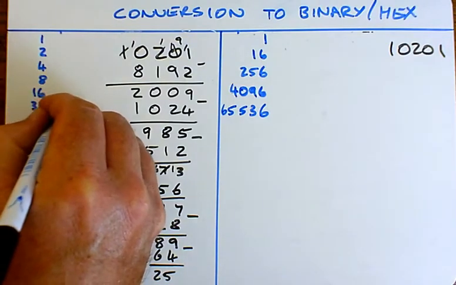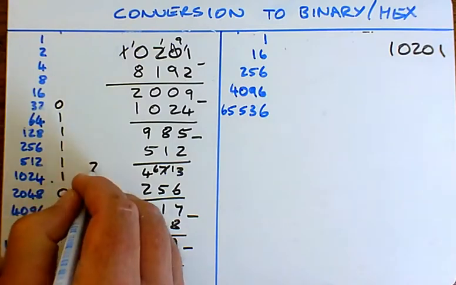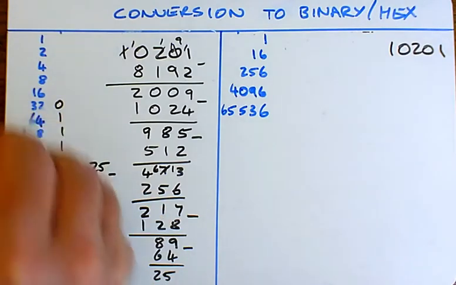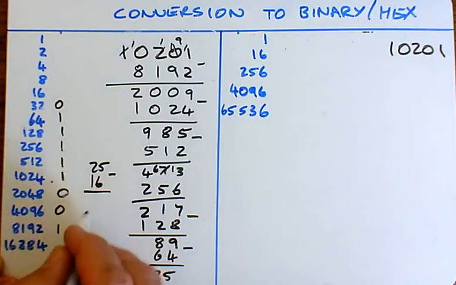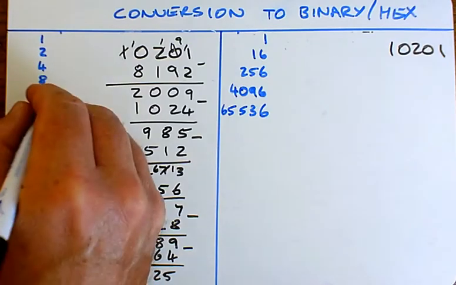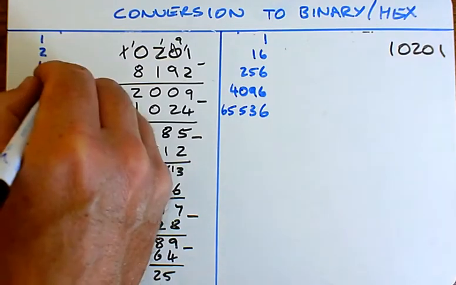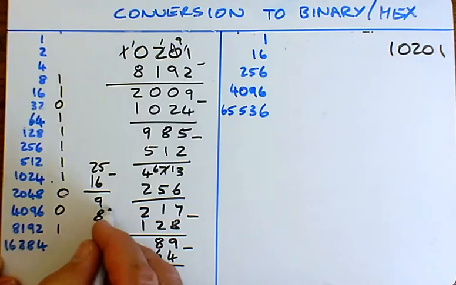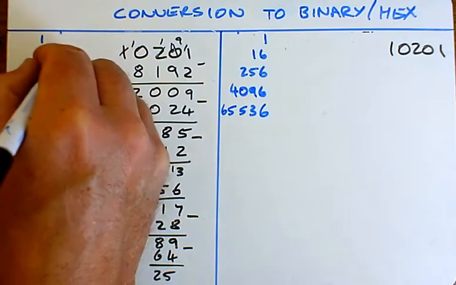So I've got no 32, so I'm just going to go over now to here. 25, take away 16, leaves me 9, 8, and I've got 1 left over.